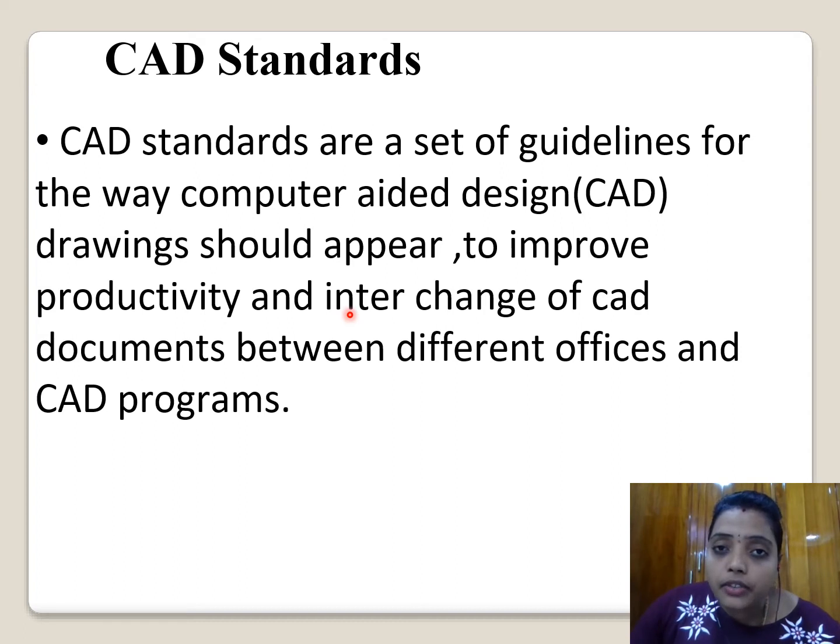After the customer requirement, how many objects we will prepare, the shape and size of the dimensions, everything is noted, and if everything is correct, afterwards we will enter into the manufacturing process. Before that, exchange of material will take place between the customer and the manufacturer. That is known as interchange of CAD documents between different offices and CAD programs. Okay, these are the CAD standards. What are the main standards of CAD?